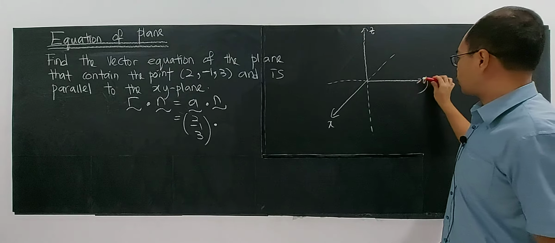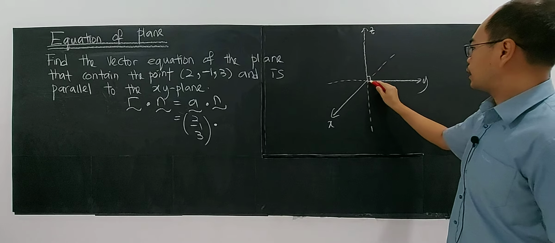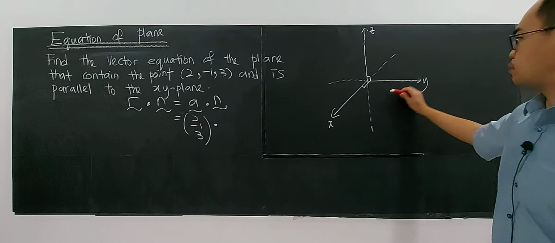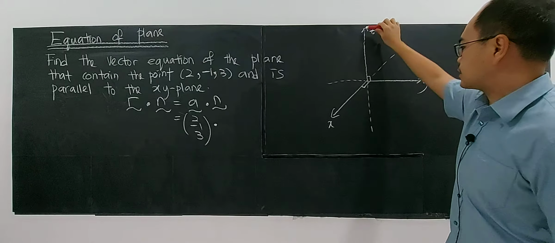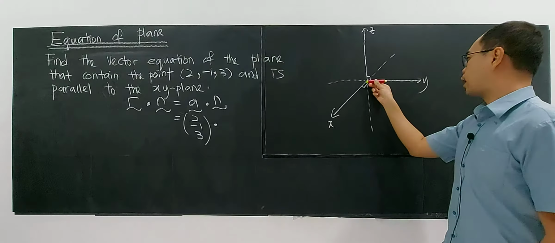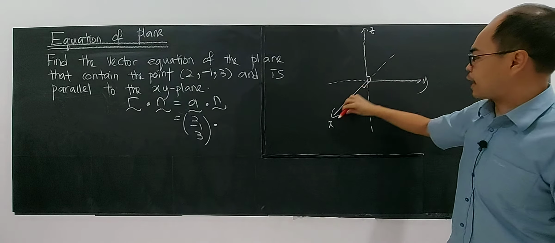The same thing here: y is perpendicular to the z-axis and also perpendicular to the x-axis. So I can say that y is the normal vector of the xz plane.